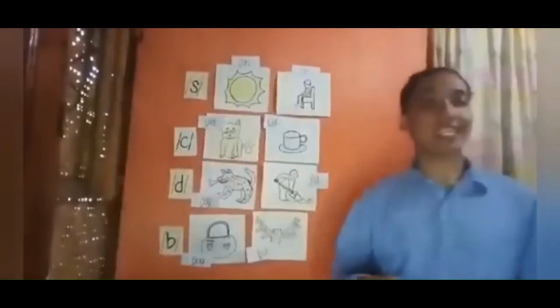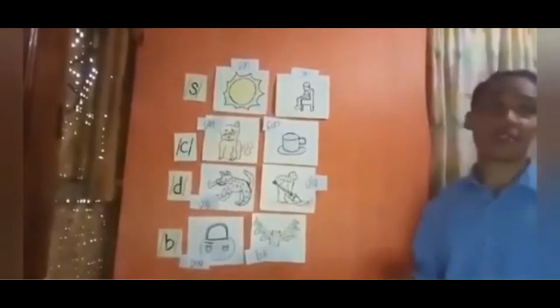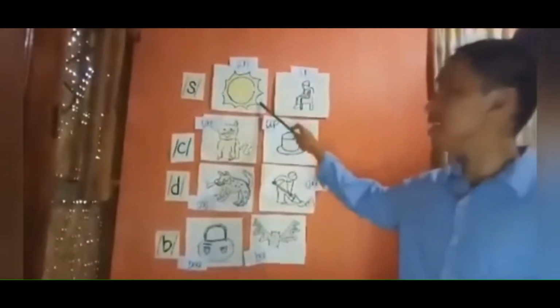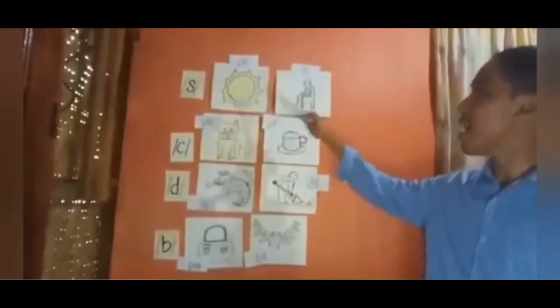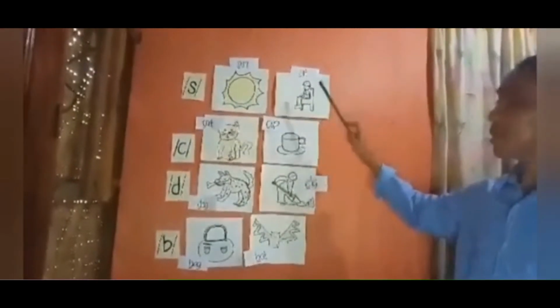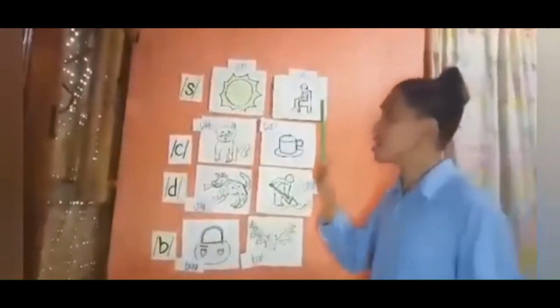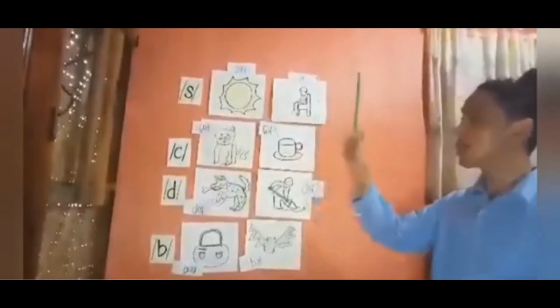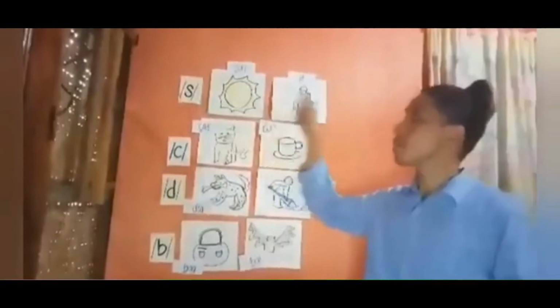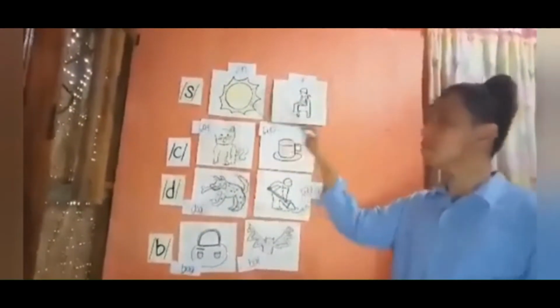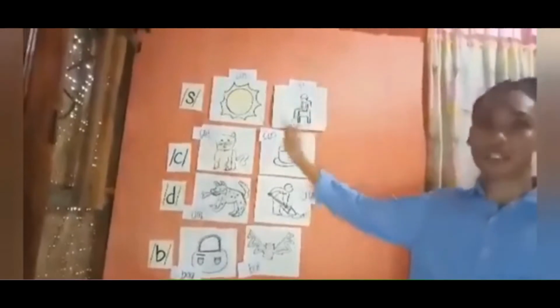Okay, class, let's take a look at your answers if you got it right. So this picture is sun, and this picture is sit. The letter card that corresponds to these two pictures is S, because the first sound or the first letter of these two pictures is S.